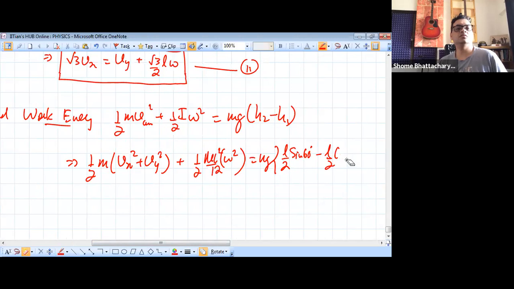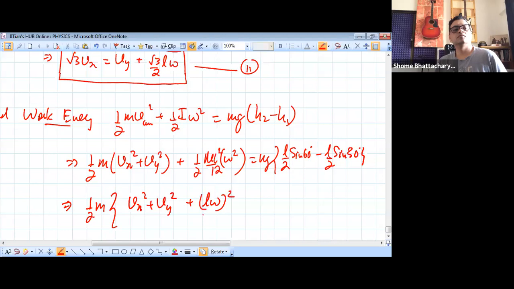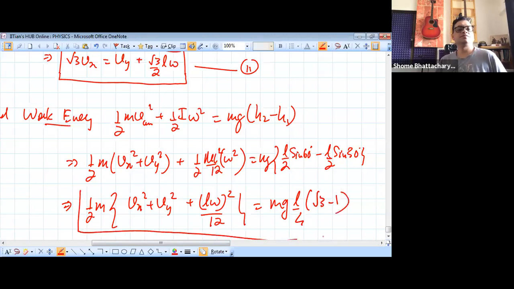Sin 30, same thing as cos. So you will have again this term. Now in this third equation, you will have to start incorporating these constraints.